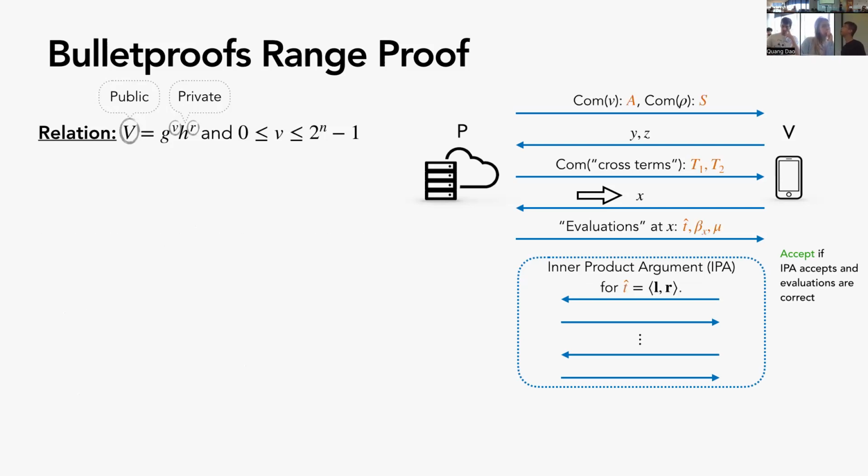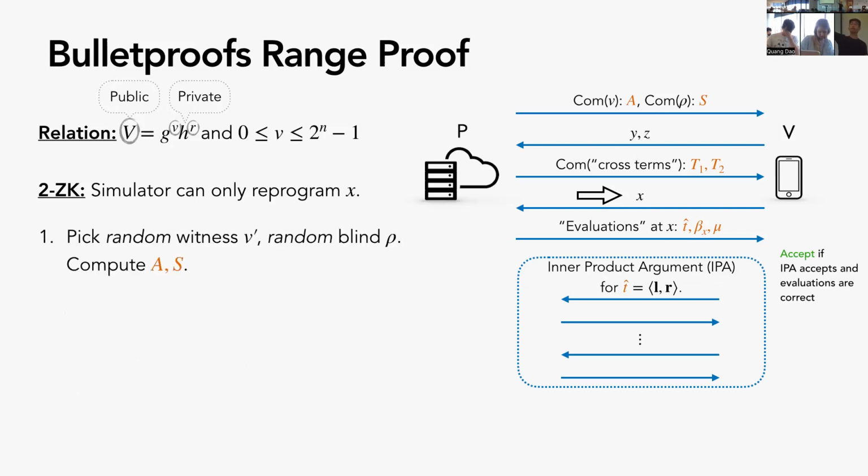Okay. So let's try to prove 2ZK. Here, it means that the simulator can only reprogram the challenge X. Now, the idea to get such a simulator is that first, we commit to a random witness, b prime. Now, this random witness will probably not be satisfying, but we just keep continuing.